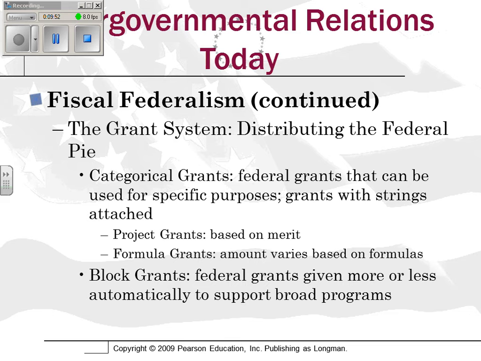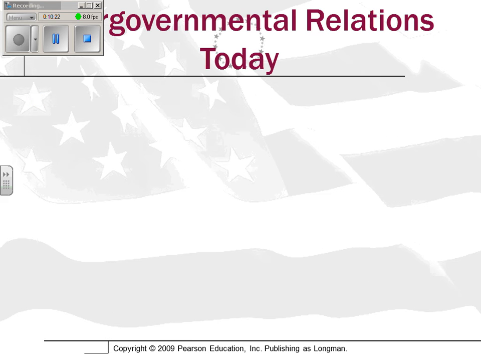Where a categorical grant may say, okay, here's $30 million, but you need to spend it on Title I school districts, or you have to spend it on inner city school districts, or some other string that is attached. So again, make sure you understand the difference between categorical grants and block grants. All right, and just the final point is that grants are given to state and local governments.